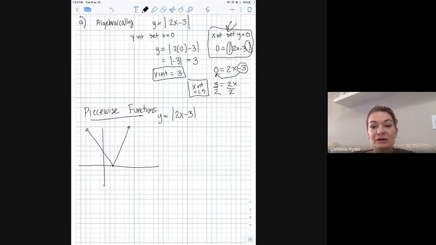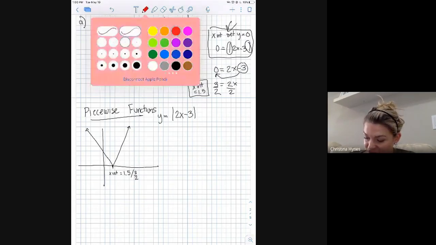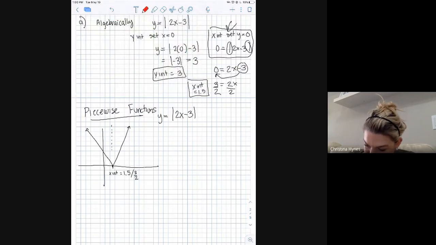Now, what is really, really important right now is to always find your x-intercept. We know that our x-intercept was 3/2, which is equal to 1.5. So we can write it as 3/2 or 1.5, your choice, okay? Now, that graph, if you look at it, that x-intercept divides your graph into two sections, okay?